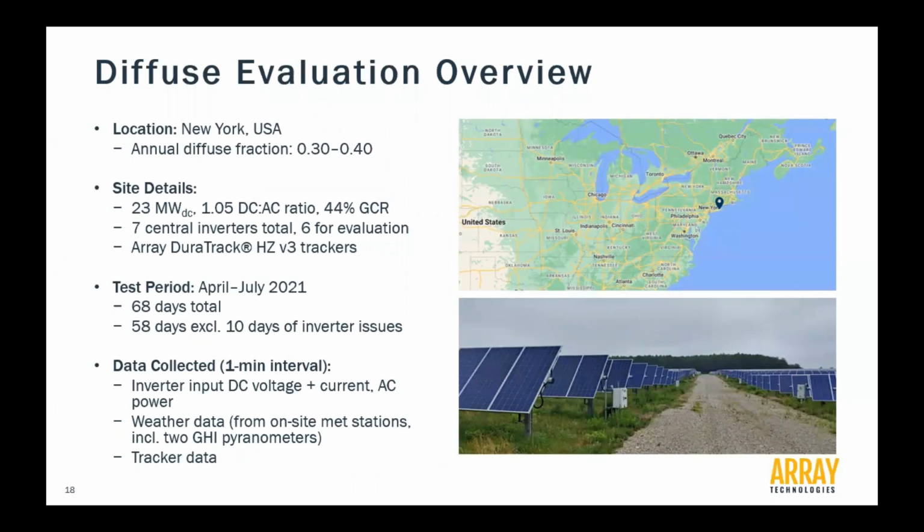The test included 7 central inverters, 6 for the evaluation. The test period was 68 days, and it's 58 days when you exclude 10 days of inverter issues. Again, the data collected were inverter input, DC voltage and current data, weather data, and tracker data.